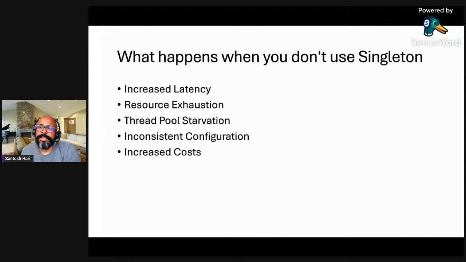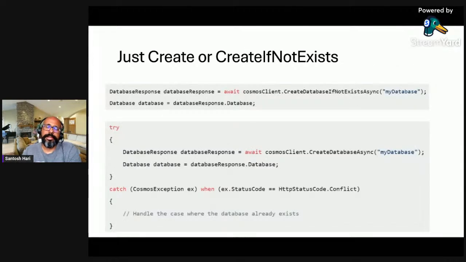Similarly, if you're using multi-threaded applications and you're constantly opening up connections, it can lead to thread pool starvation. So there are different downsides to not using singletons. Definitely use the singleton pattern.